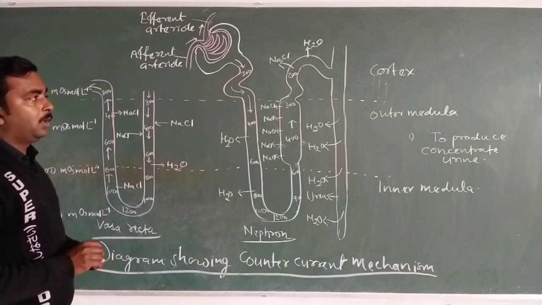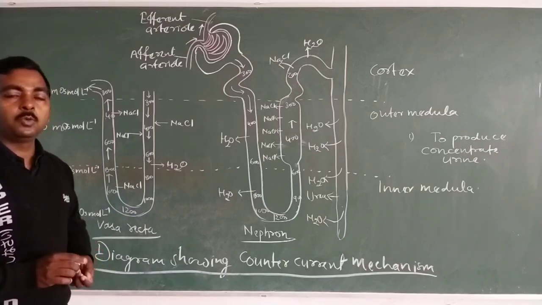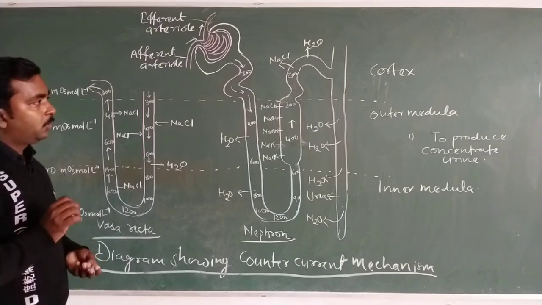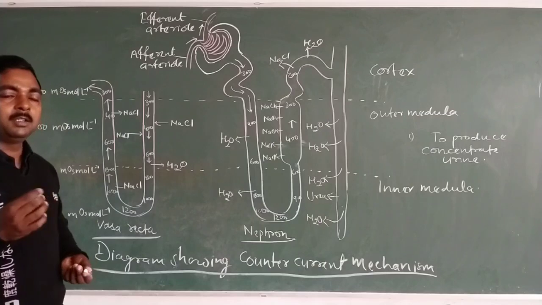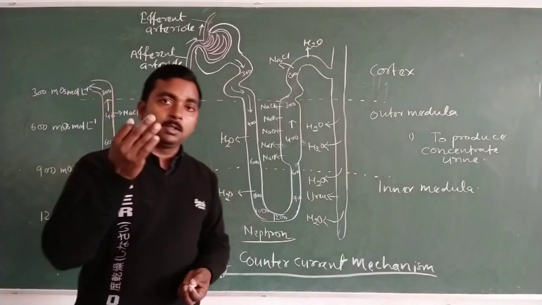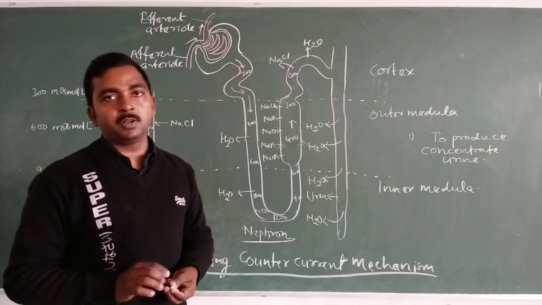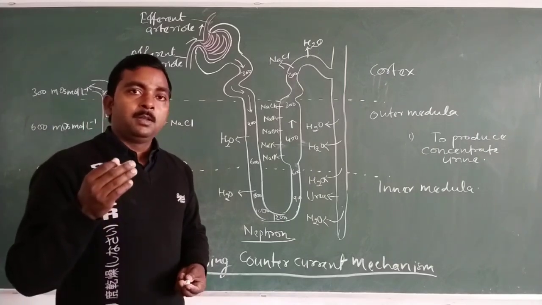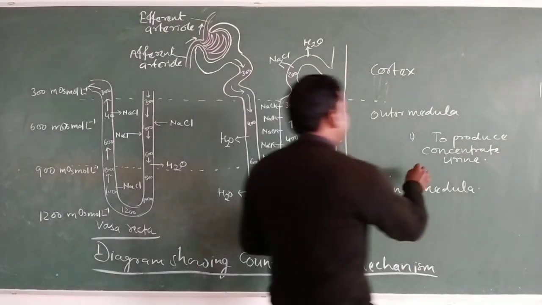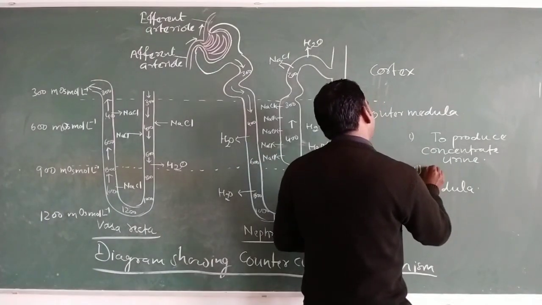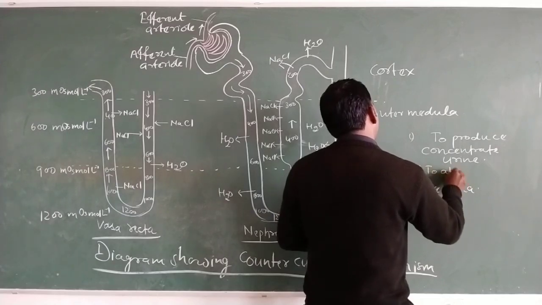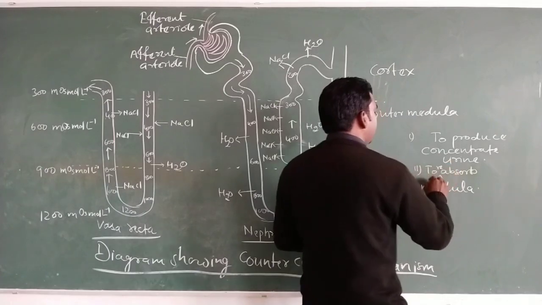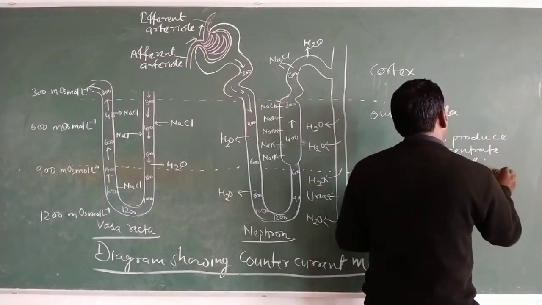So one reason for the counter current mechanism to take place in our body, in the nephron, is to conserve water, or in other words to make concentrated urine. Concentrated urine is produced by the absorption of more water, so the indirect reason is to reabsorb more and more water.